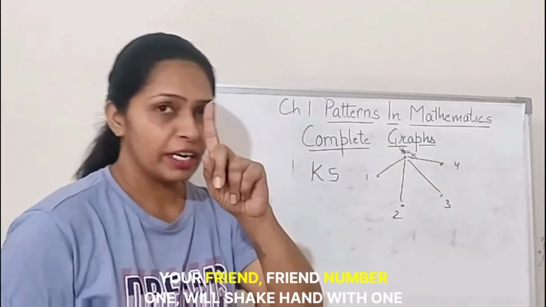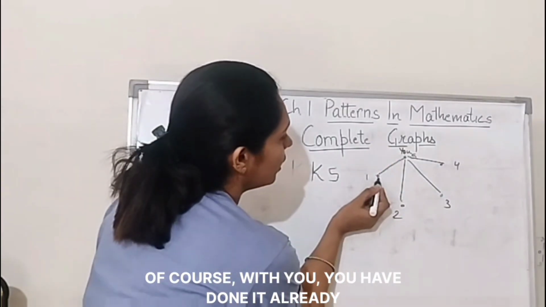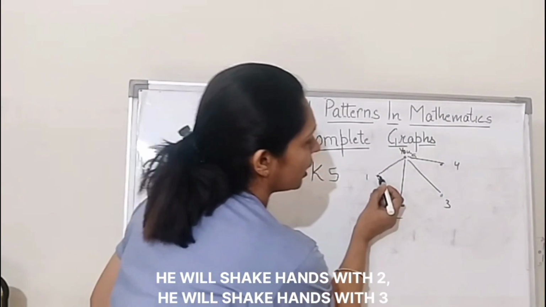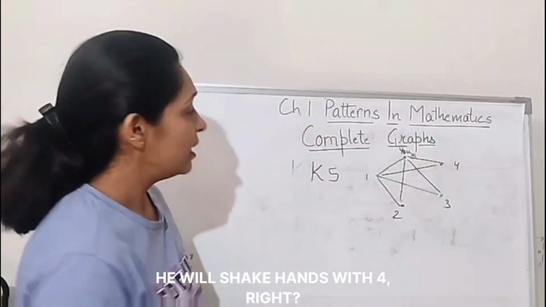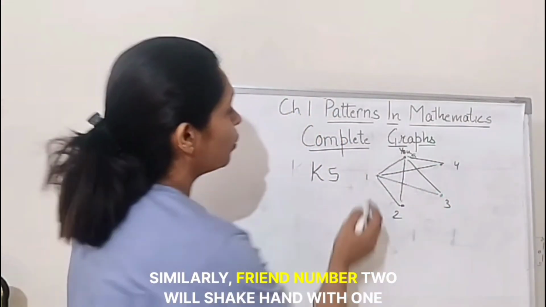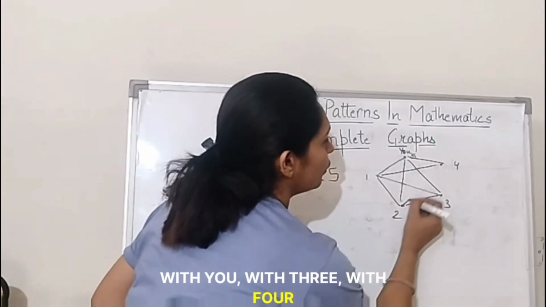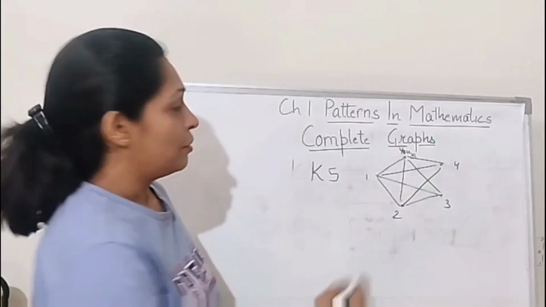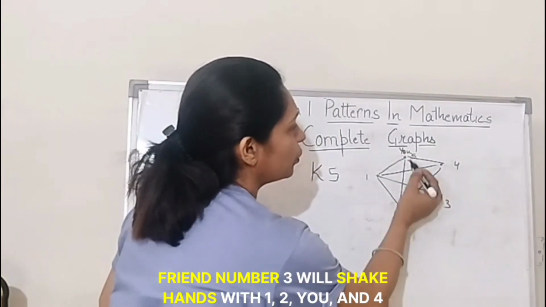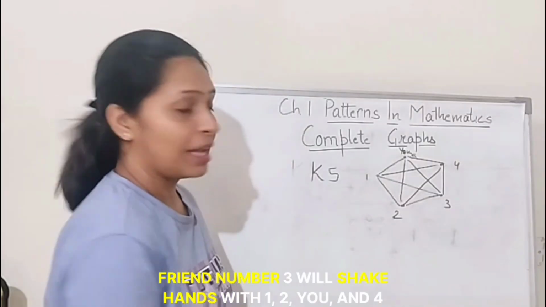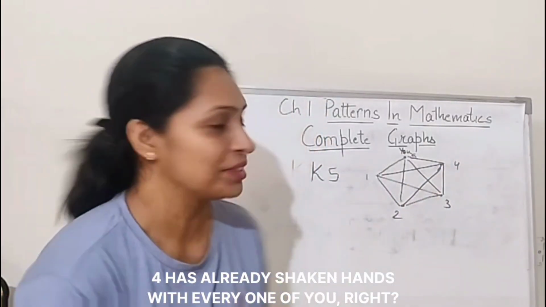Your friend number 1 will shake hands with you, of course, which has been done already. He will shake hands with 2, with 3, with 4. Similarly, friend number 2 will shake hands with 1, with you, with 3, with 4. Friend number 3 will shake hands with 1, 2, you and 4. And by this time, 4 has already shaken hands with every one of you, right?